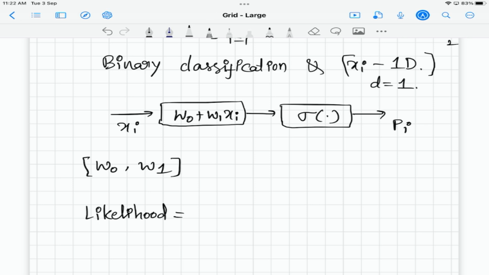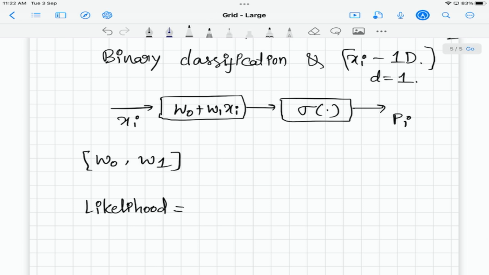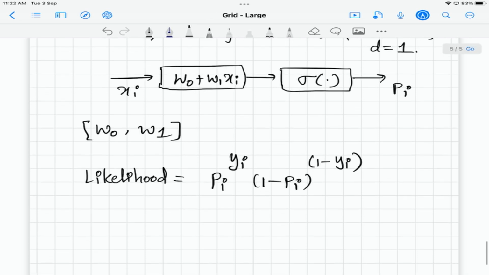In this case, the likelihood term is written in terms of the predicted value and the ground truth, for the ith sample. For a single sample, the likelihood term which estimates the similarity between your predicted and your ground truth can be written like this.